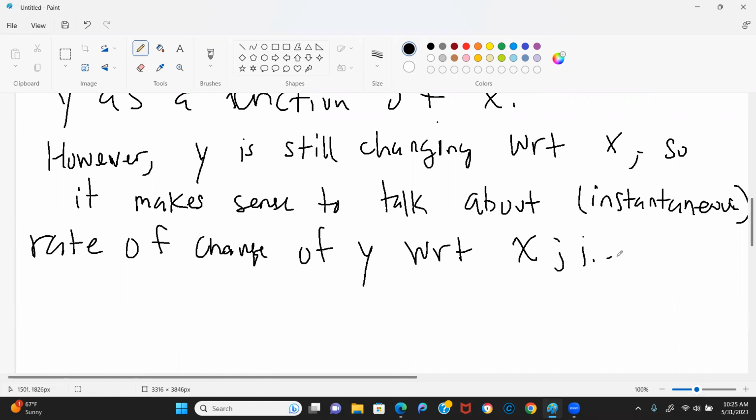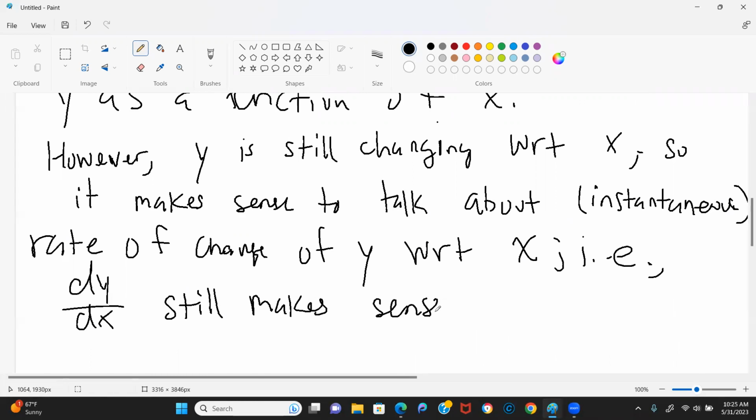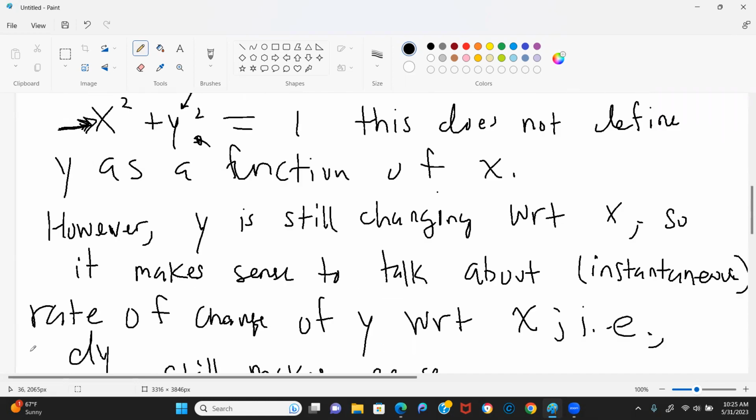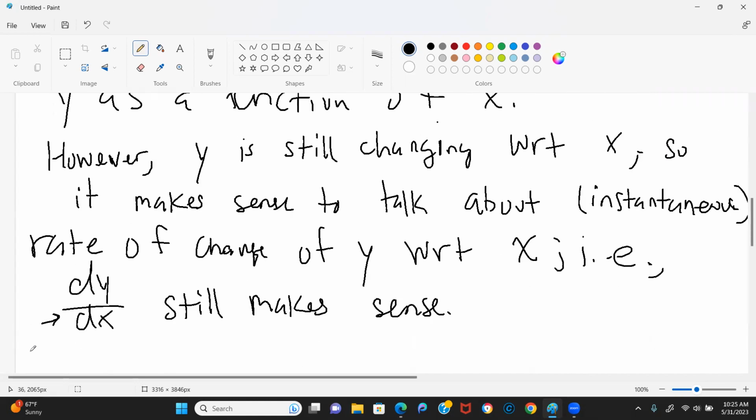That is to say, dy/dx still makes sense. It might not be a function right here, but it still makes sense to talk about y changing with respect to x. So this is the reason why it still makes sense to talk about the derivative of y with respect to x when you have this equation involving x and y.